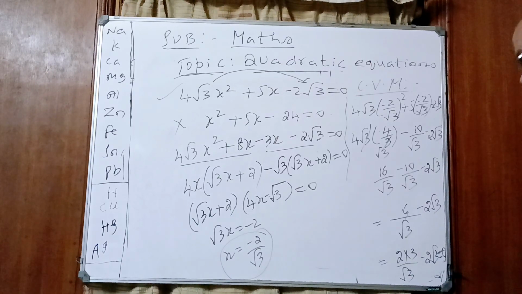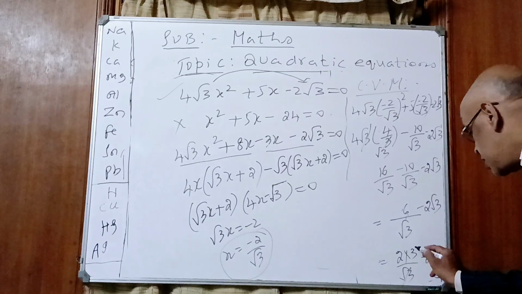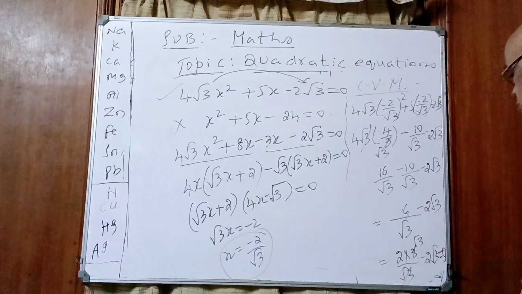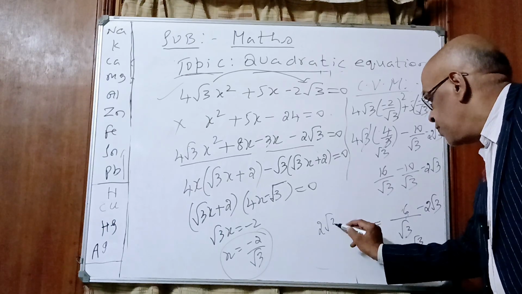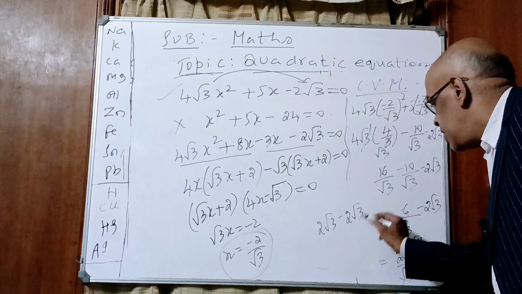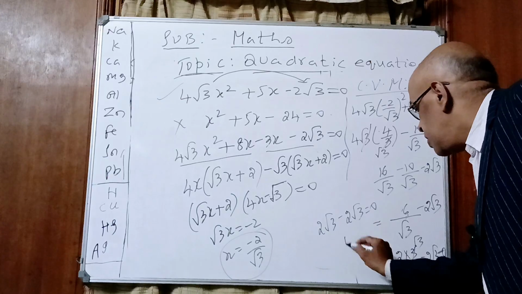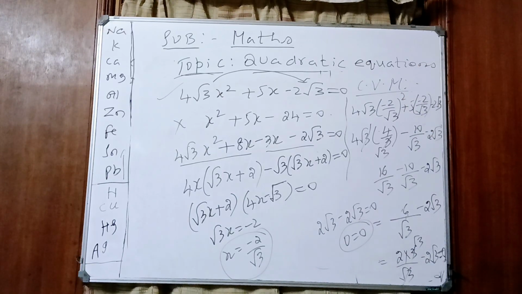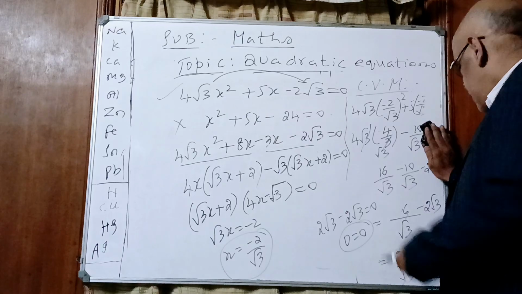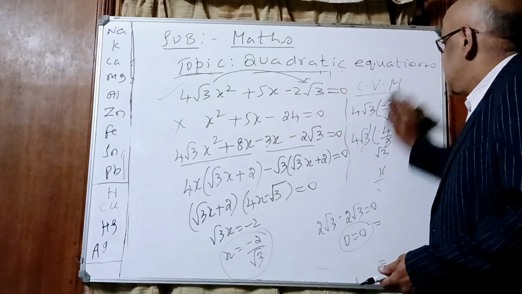Then again 3 can be written as root 3 into root 3. So 2 root 3 minus 2 root 3 is 0. 0 minus 0 is 0. Our first answer is correct. Yes or no? Only in the last step I did a silly mistake.